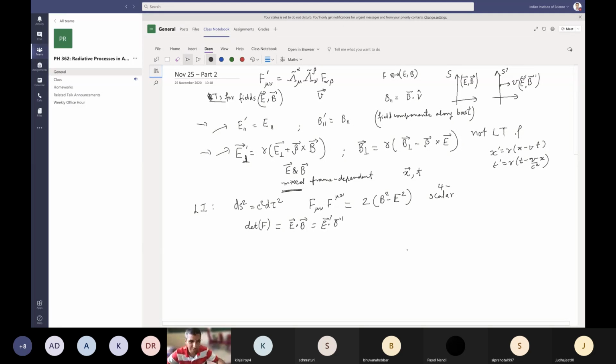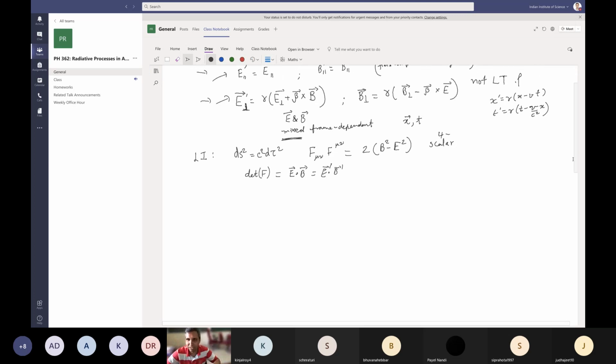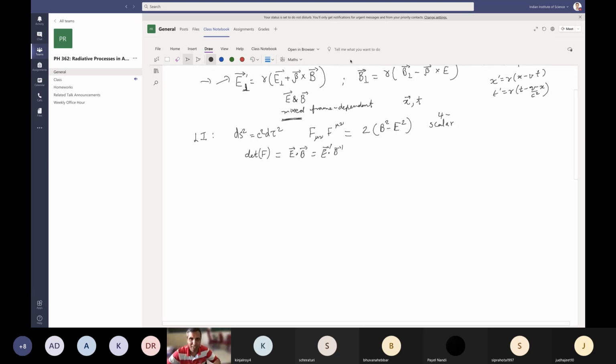Okay, so let's see, is there a way in which we can actually see these transformations of electric fields and magnetic fields that are written out here? Let's consider some simple examples. Let's consider case 1. Let's consider a charged capacitor. You have these two plates, positively and negatively charged.